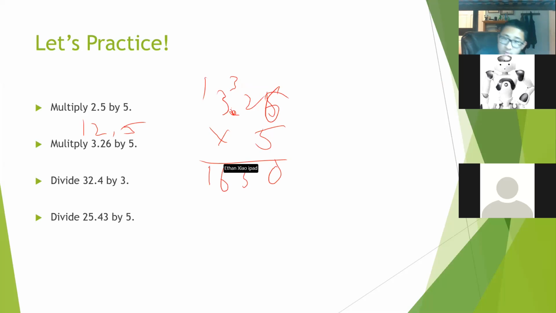So we get 1630. So we have to put the decimal point in the same place it was in before. So we just look at where it was. As you can see, it has 2 digits behind it. So we just put it as the same thing here. So 16.30. And if you have an extra 0 at the end, you can take that out because that doesn't really add anything. So the answer is 16.3.